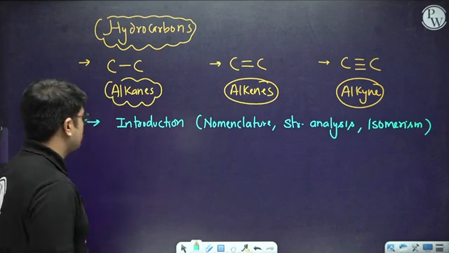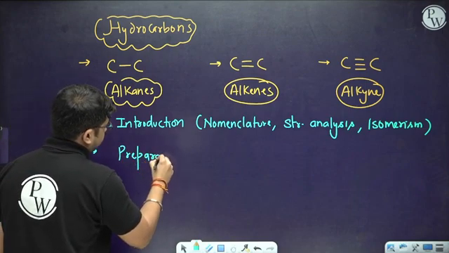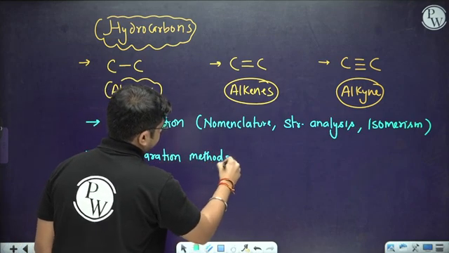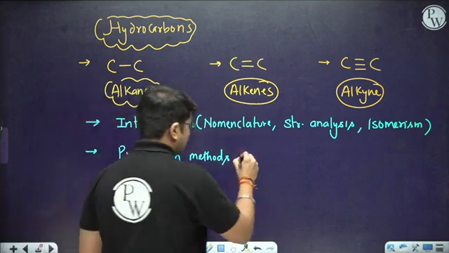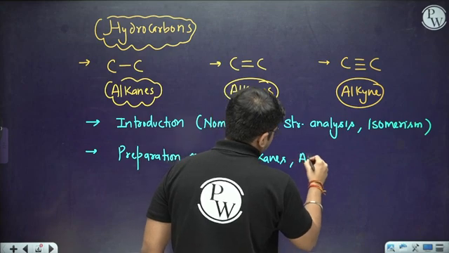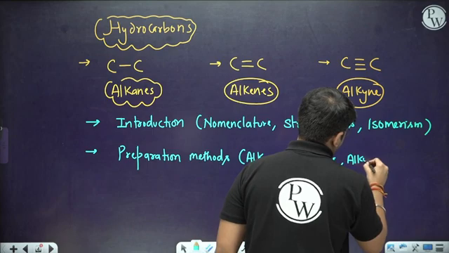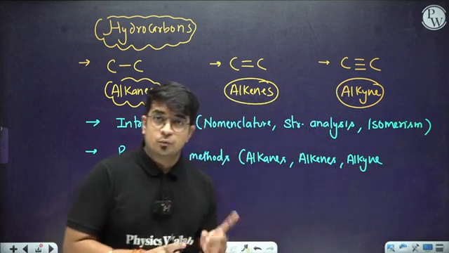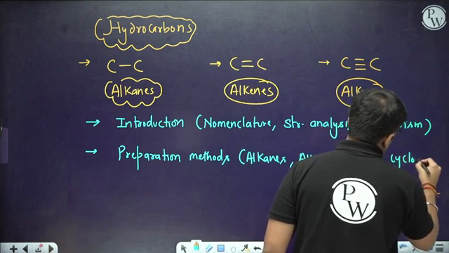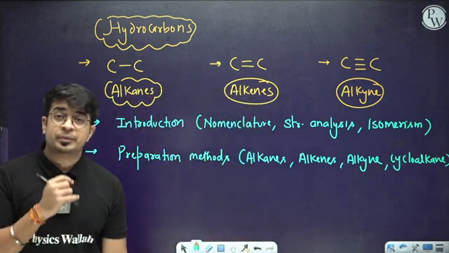If I talk about the next part, which is the preparation method, preparation methods for simple alkanes, alkenes, as well as alkynes. Also, we are going to include one more category, which is a subtopic of alkanes known as cycloalkanes. That part also we are going to discuss in the preparation method.